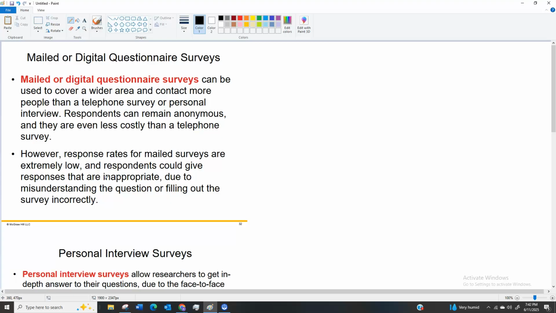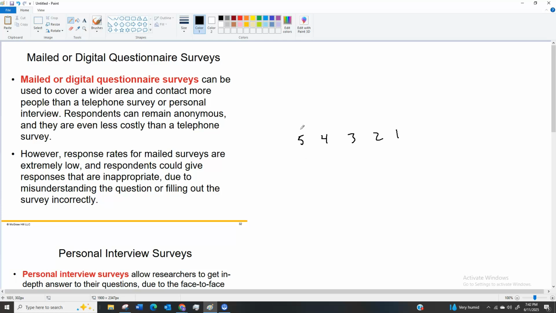And respondents could give responses that are, they say, inappropriate. I would say more inaccurate because they might not understand the question or they might fill out the survey incorrectly. For instance, you might have a scale where you say, 5, 4, 3, 2, 1, rank something.